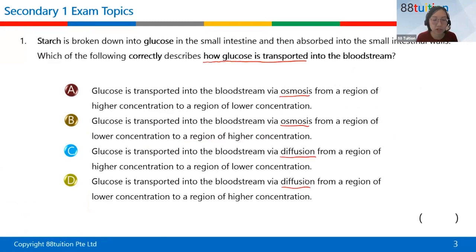Maybe you all type into the chat. Do you think transporting glucose is diffusion or osmosis? Everybody type into the chat, please. It's okay to get the wrong answer. We are here to learn. Nothing embarrassing about giving a wrong answer. It's only embarrassing if you don't give an answer. So can I get everyone to type in the chat, diffusion or osmosis, if you are using glucose?